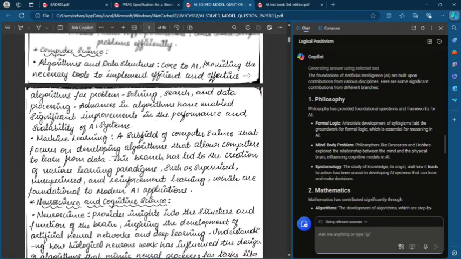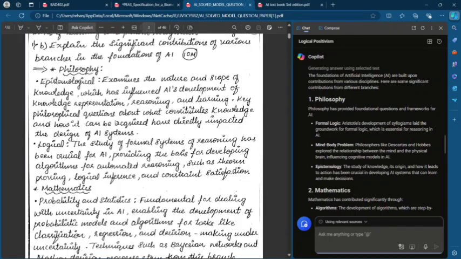Whereas here, when he talked about philosophy, he has written the same thing. First, epistemology examines the nature and scope of knowledge, which has influenced AI's development of knowledge representation. Knowledge representation is nothing but representing knowledge in various forms.